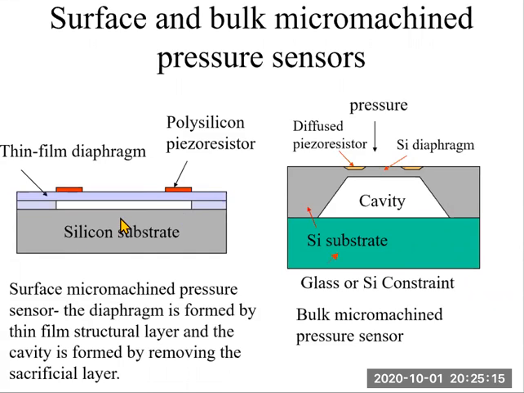So you can see it's different from the bulk micromachined pressure sensor. Okay, so we can clearly observe the difference between surface micromachining and bulk micromachining.